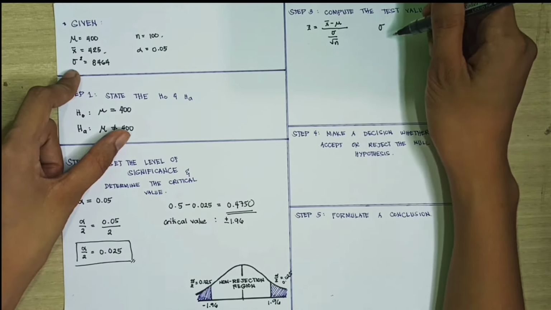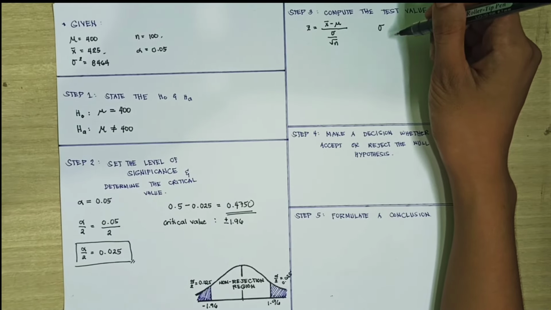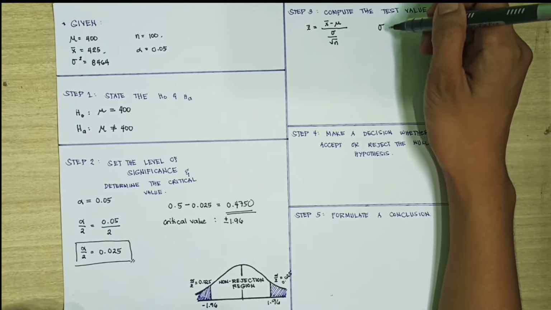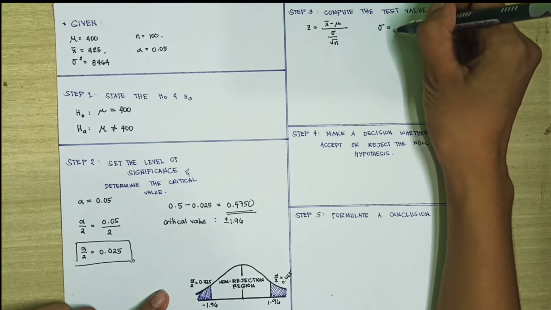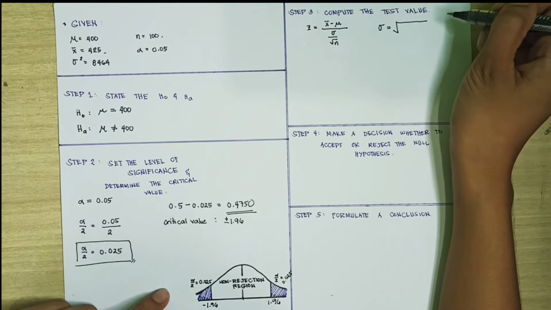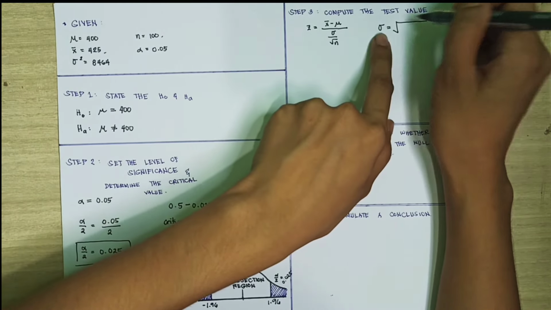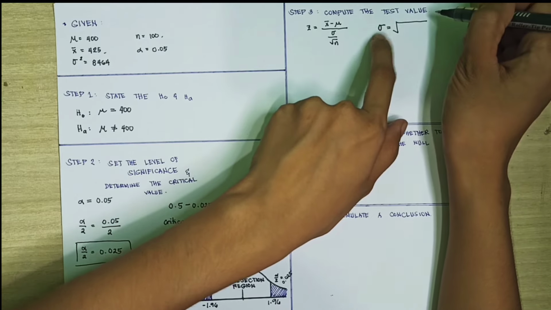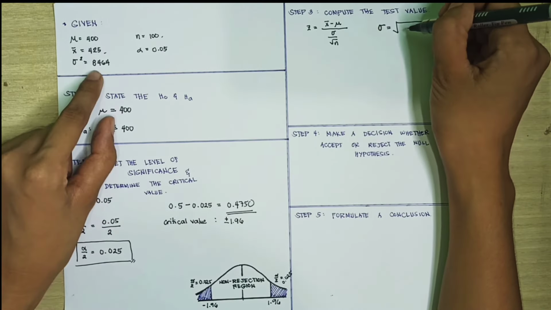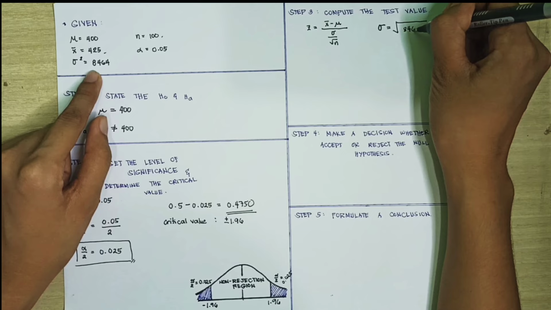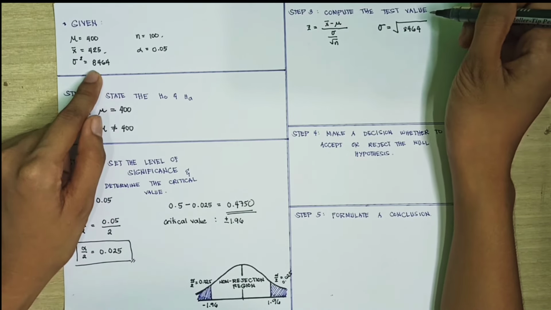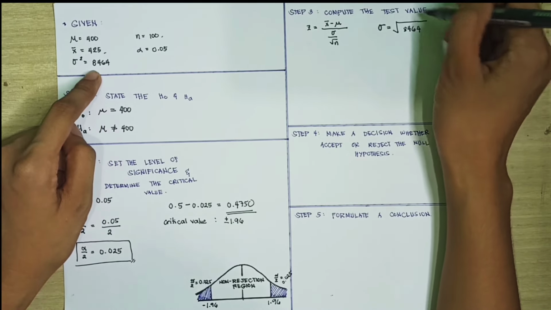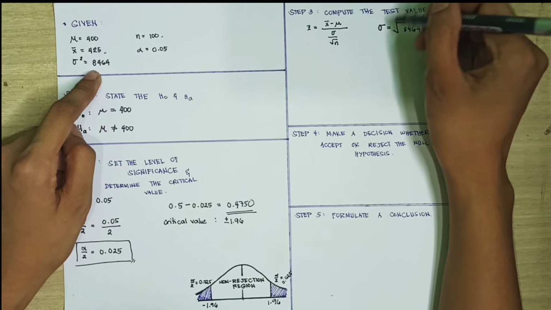And paano mo makukuha yun? Just simply get the square root of the variance. So to find the standard deviation, just simply get the square root of the variance, which is 8464. Okay, so kung sakaling hindi given si standard deviation.